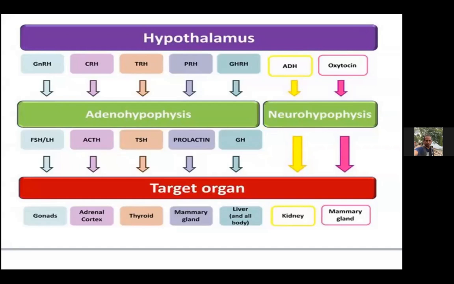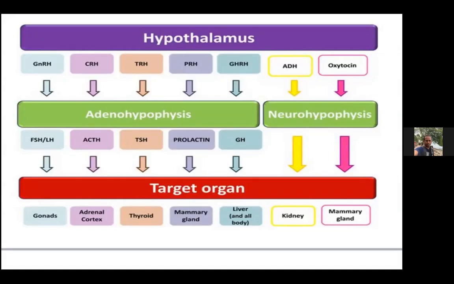When these stimulate the anterior pituitary, it releases FSH and LH, ACTH, TSH, prolactin, and growth hormone, which act upon the target organs like the gonads. The ACTH acts on the adrenal cortex, the TSH acts on the thyroid, the prolactin is helpful in the mammary gland to let out milk, and growth hormone acts on the liver and all over the body for general growth.